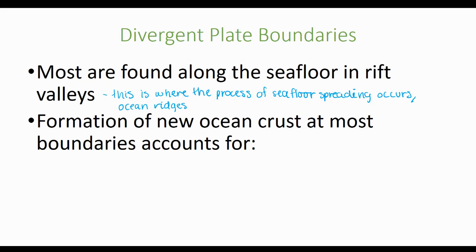So remember, ocean ridges are underwater mountain ranges. So that is going to form at divergent plate boundaries that occur underwater. The formation of new ocean crust at most of these boundaries is going to account for high heat flow, volcanism, and earthquakes.